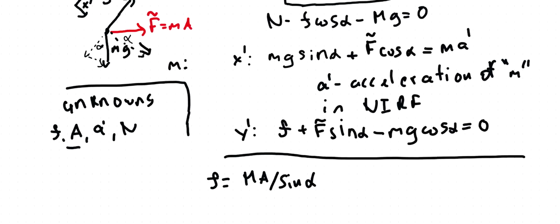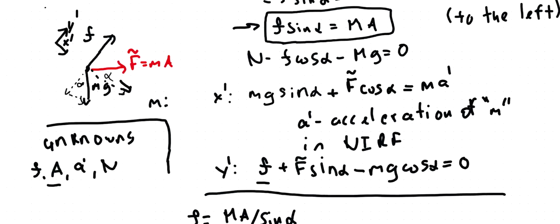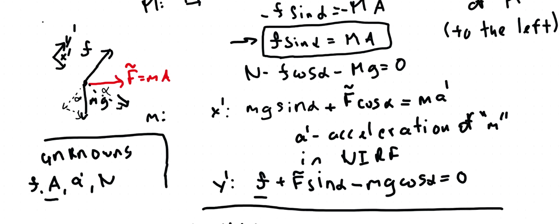Then I can make that substitution in here, but simultaneously, as I make this substitution, I'm also going to substitute for F tilde from here.